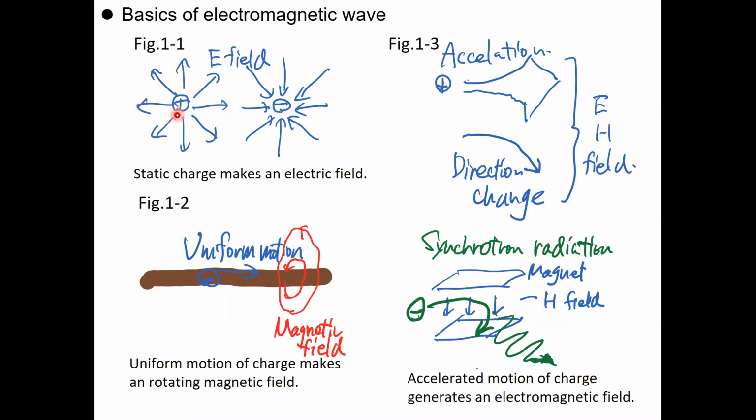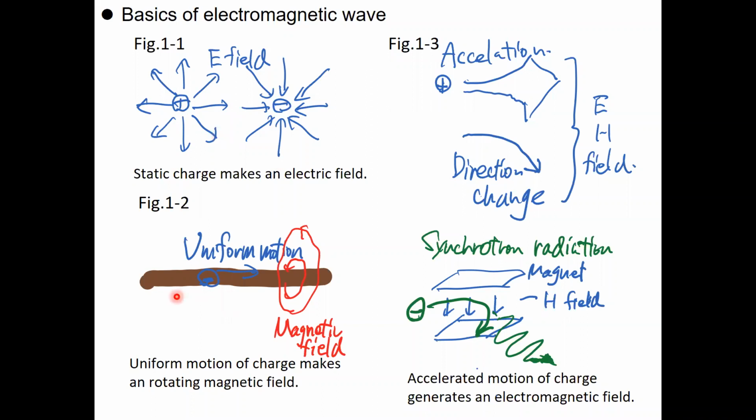If you use a negative charge, the direction is opposite. And if you put a magnet in the center, again you can generate a magnetic field around the magnet. These are the first 2 equations.